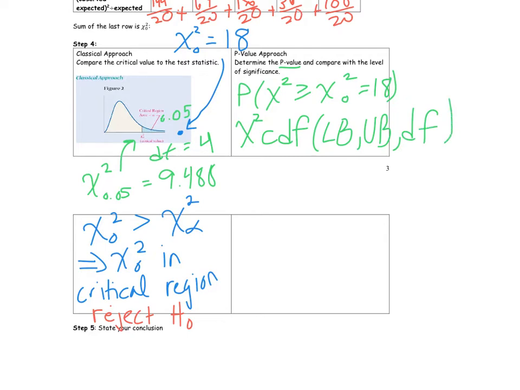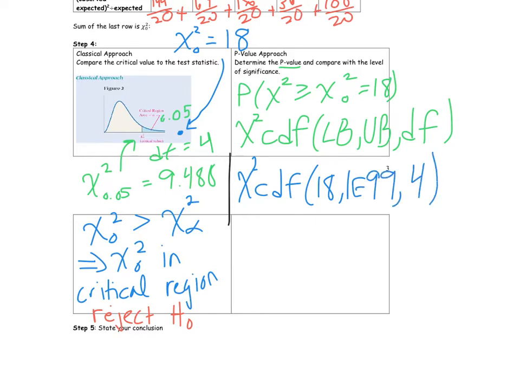So for this example, you would type in chi-squared CDF, greater than or equal to 18. We start at 18, go off to infinity, and we have 4 degrees of freedom. Then we calculate and get our p-value, which is 0.0012.